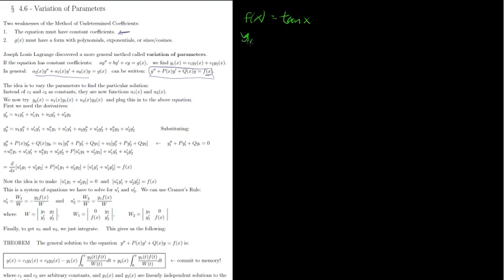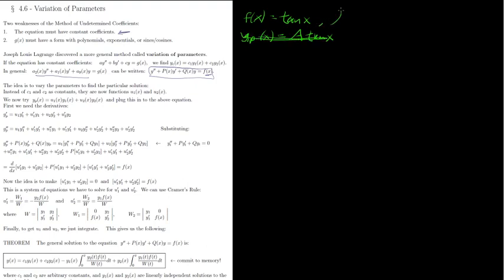You might think, well, just do A times tangent x. But that doesn't work. Part of the reason is that when you take derivatives of this, it doesn't just involve tangent anymore. It involves secant squared. And then the second derivative will be something like 2 secant squared times tangent. It's going to be a mess. It's just not going to work.